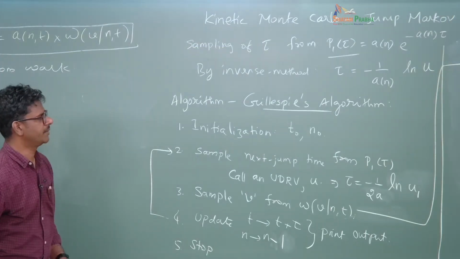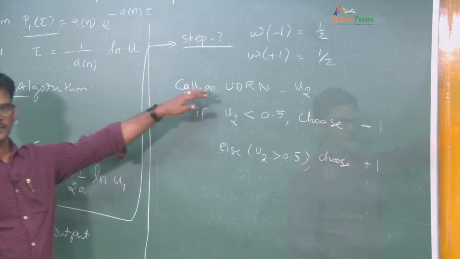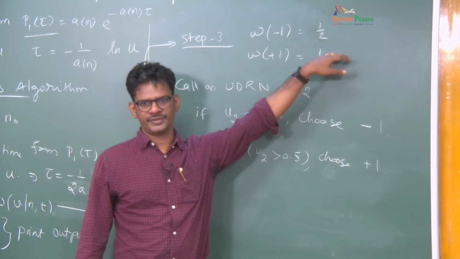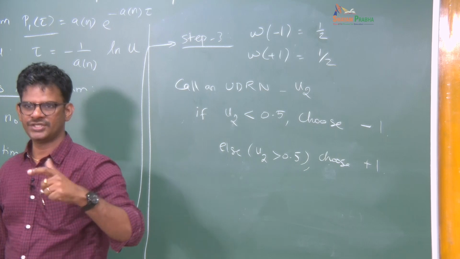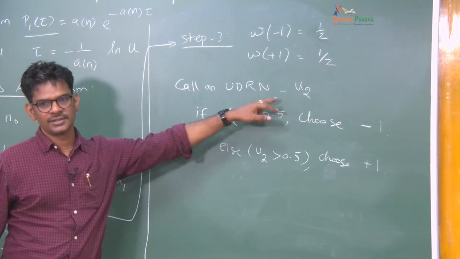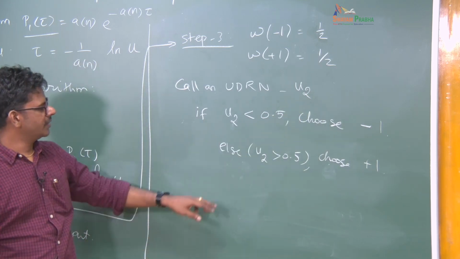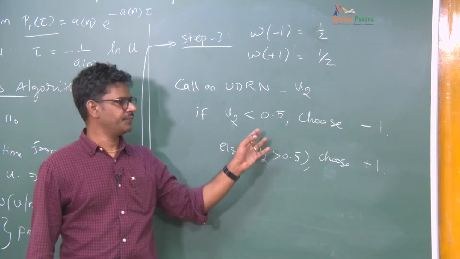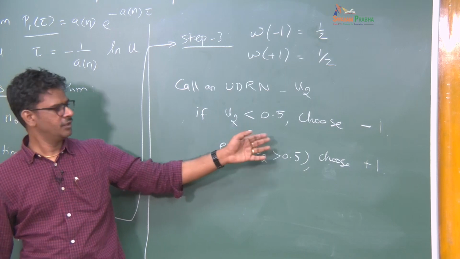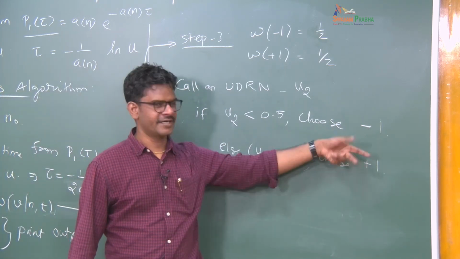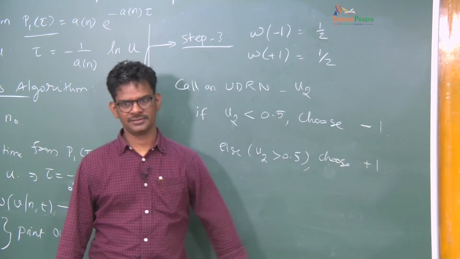So, when you have a probability like this, you have a 50% chance of choosing plus 1 and another 50% for minus 1. So, in order to make a decision, you call a random number u2, this is going to be from 0 to 1. Now, if the called random number is below 0.5, you choose minus 1, otherwise choose plus 1. This order can be changed also if you like, it does not matter.